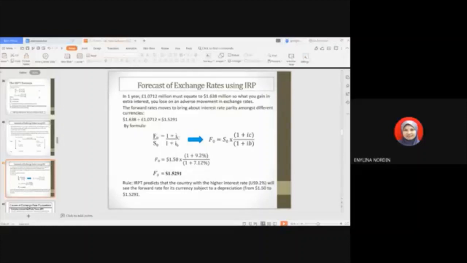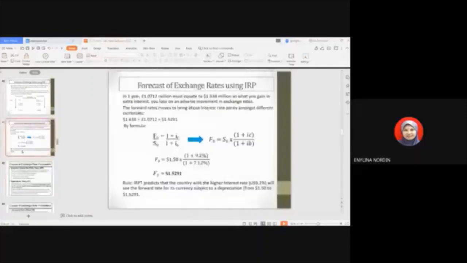Okay, next. In another example, maybe we can look at an example of IRPT. I can use this example to help you understand IRPT better.